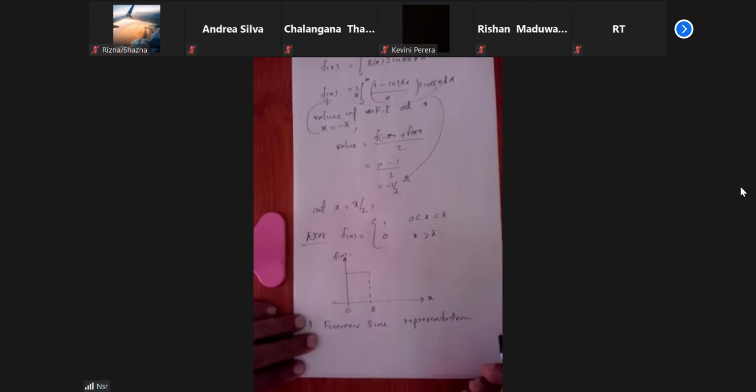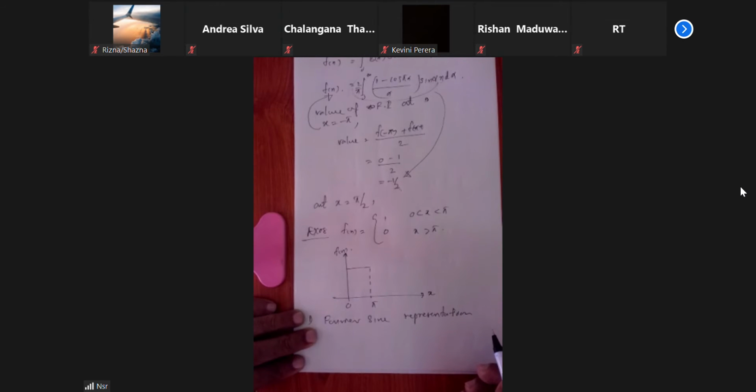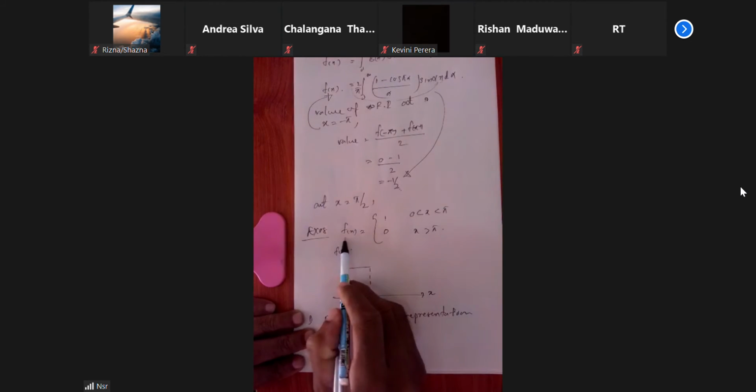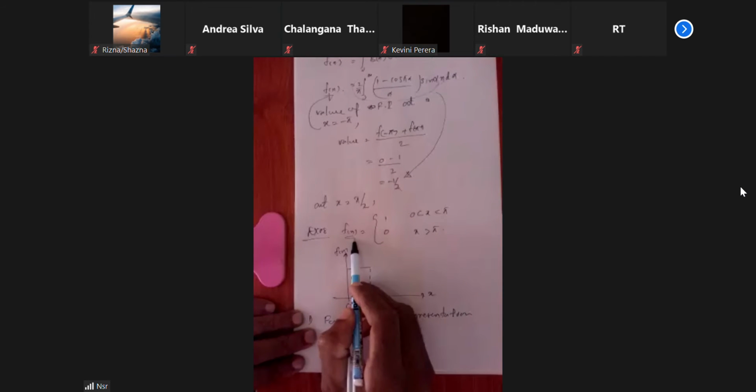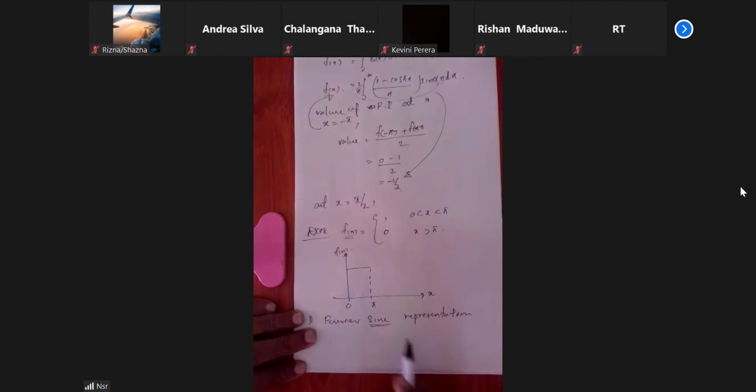How are we going to find the Fourier sine representation? If you want to find the Fourier sine representation, the particular function f(x) should be what? Even? Not odd. That should be an odd function. Yes, this function should be an odd function.